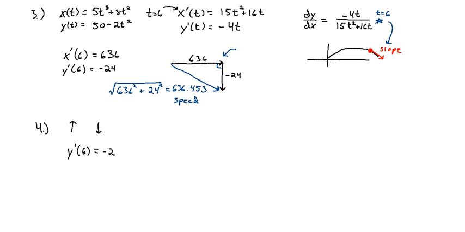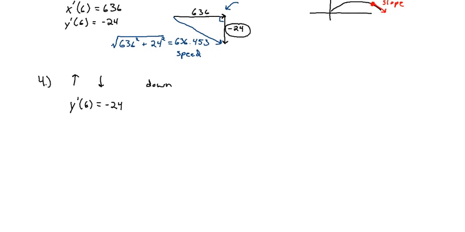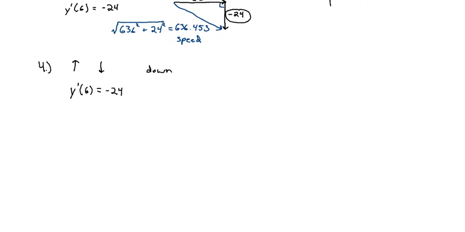That equals negative 24, we already found that. The particle is obviously going down. So thankfully, that was quite easy once you do number 3. Again, we will continue looking at these similar problems when we do vectors.